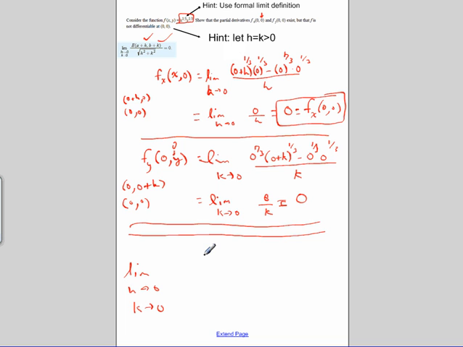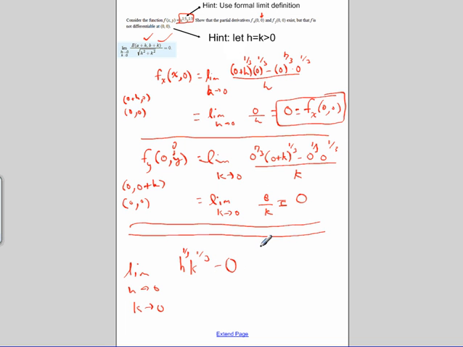Well, what's my error? My error is going to be k to the 1/3, h to the 1/3, and that's going to be minus 0.